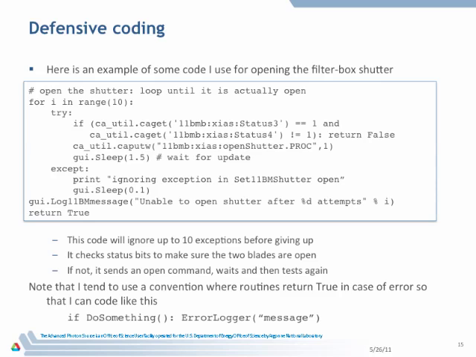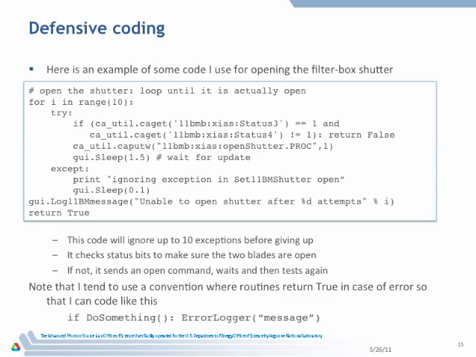We have a filter box shutter that we use to block the beam on 11-BM so we don't irradiate our samples when we're not actually collecting data. Here is a bit of code that's used to open the shutter. So I start a loop, and I'm going to try it 10 times, and then I have a try statement.